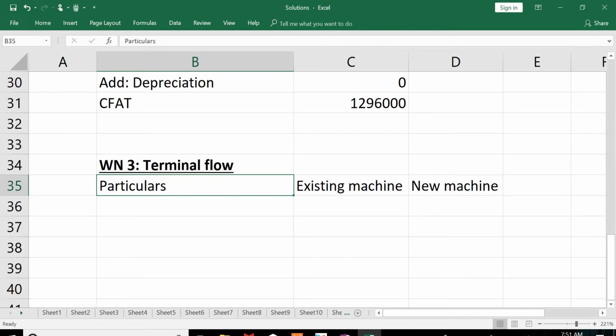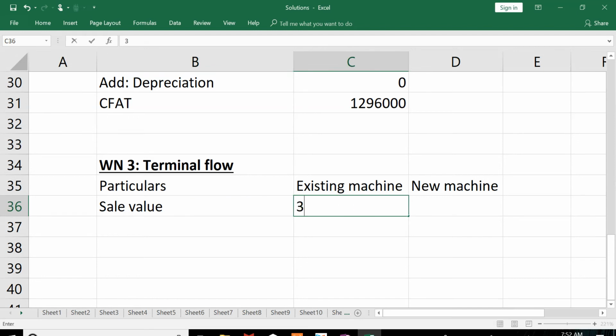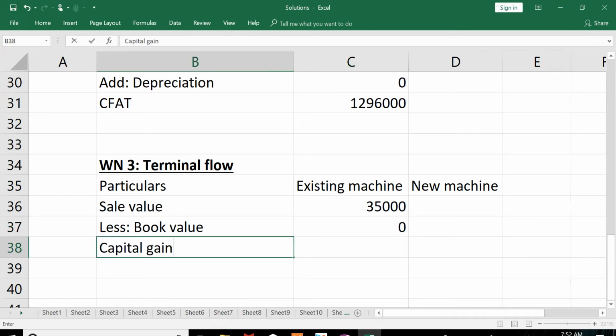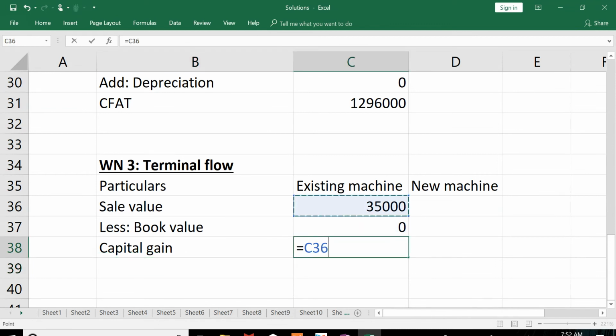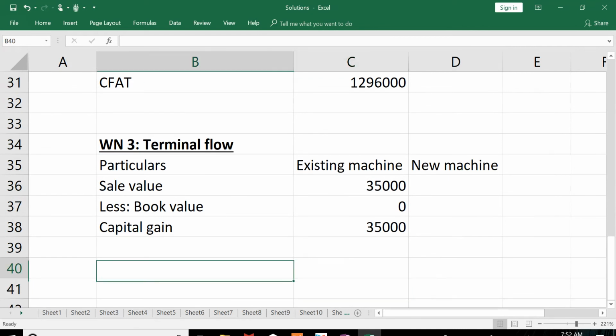Now, what will be the sale value of this machine after 5 years? 35,000. Will there be any book value? So, there is going to be some tax. Let us calculate here directly. Sale value 35,000. Capital gain 35,000.